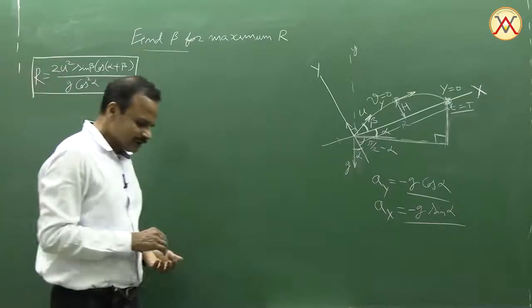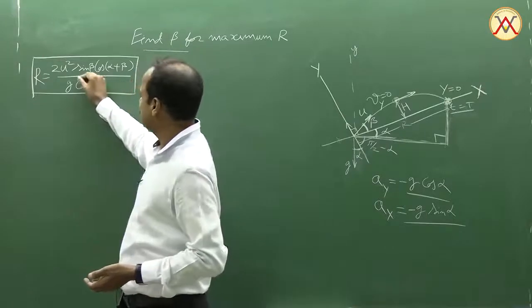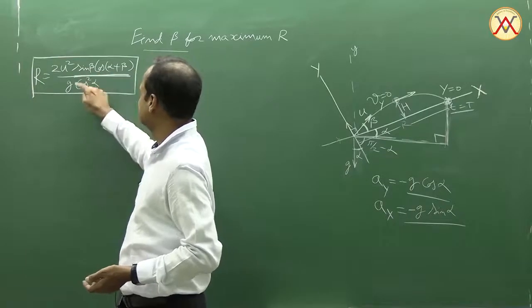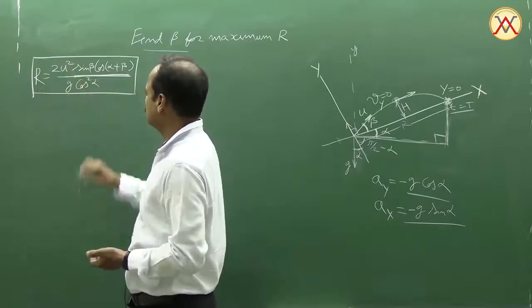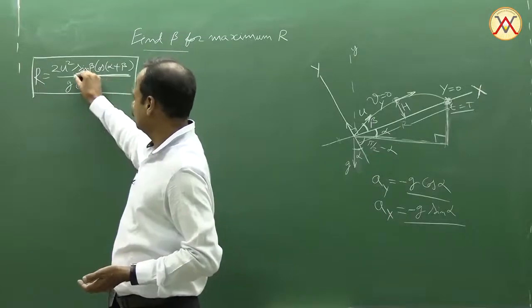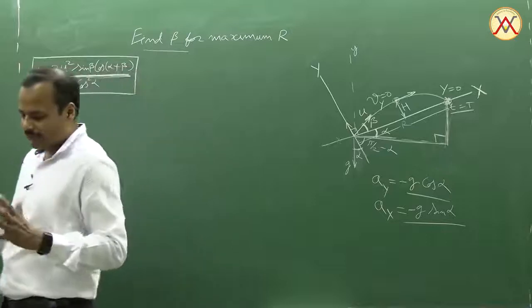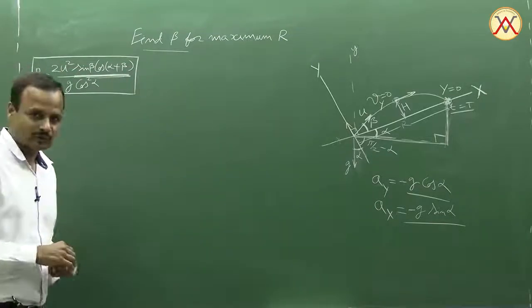Now we can do this using the concept of maxima minima. If you want to apply the concept of maxima minima, you will have to apply the product rule in this part: sine beta into cos of alpha plus beta. The rest of it is a constant. So you can do this using maxima minima. But let me do this using a trigonometric formula.